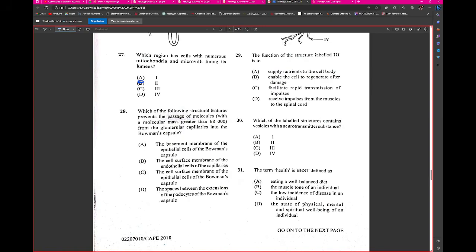What would be the answer? What prevents large biological molecules from entering the Bowman's capsule? I think that's a simpler way to rephrase this question.